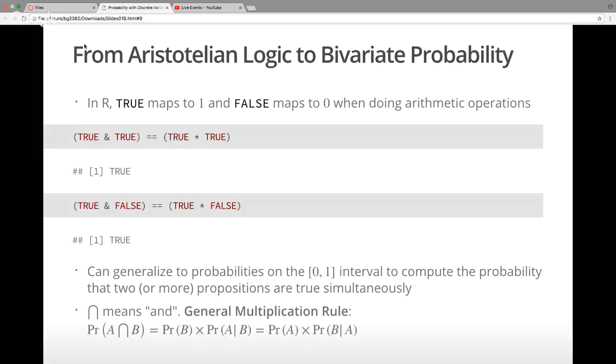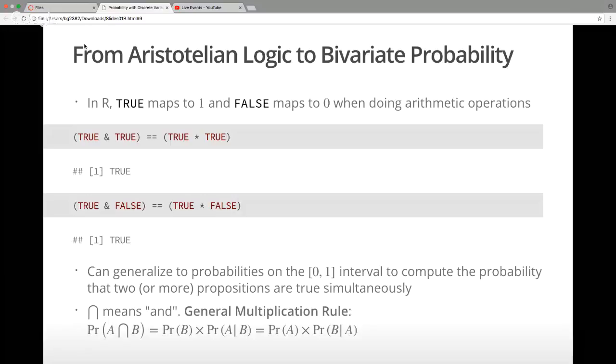So the probability that proposition A is true and proposition B is true can be represented by the probability that proposition B is true multiplied by the probability that proposition A is true, given that B is true. The product of those two things is the probability that both are true.